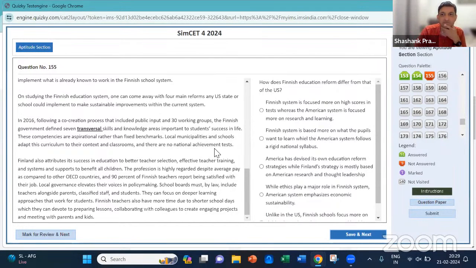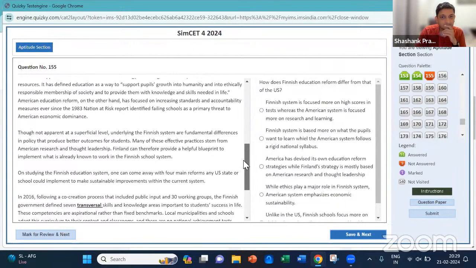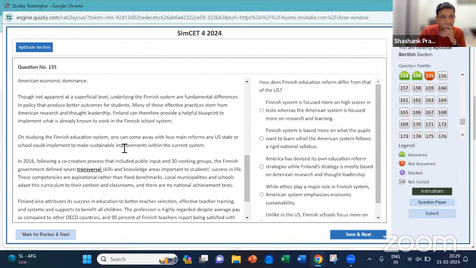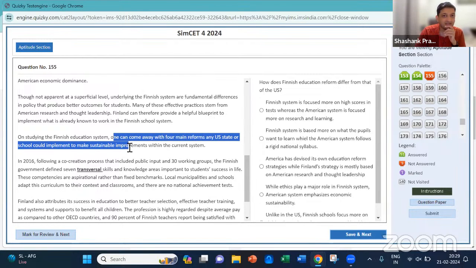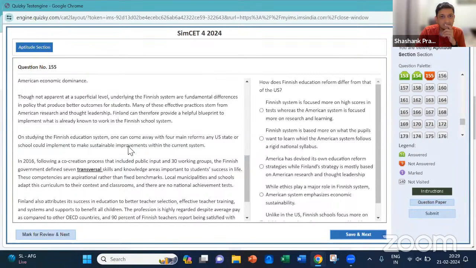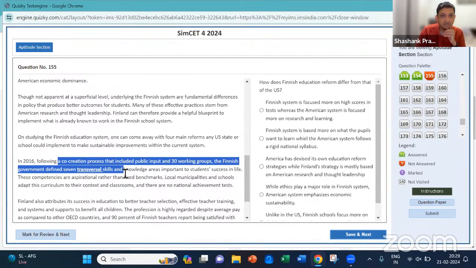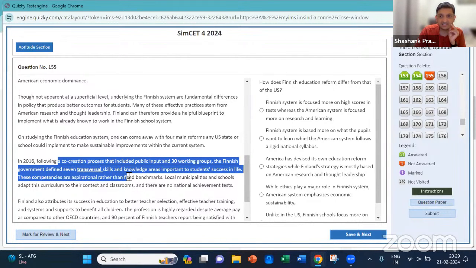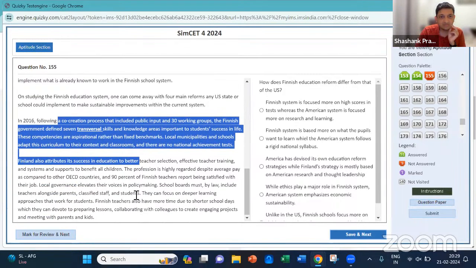How does Finnish education reform differ from that in the US? School could implement to make sustainable improvements within the current system. Okay. Transversal skills and knowledge areas. Better selection, better teacher training.